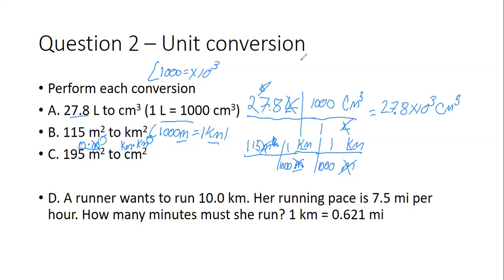If it's on the bottom, that's actually times 10 to the minus third. So this is 115 times 10 to the minus 6. So when you have multiple of thousands, they are additive in kilometers squared.